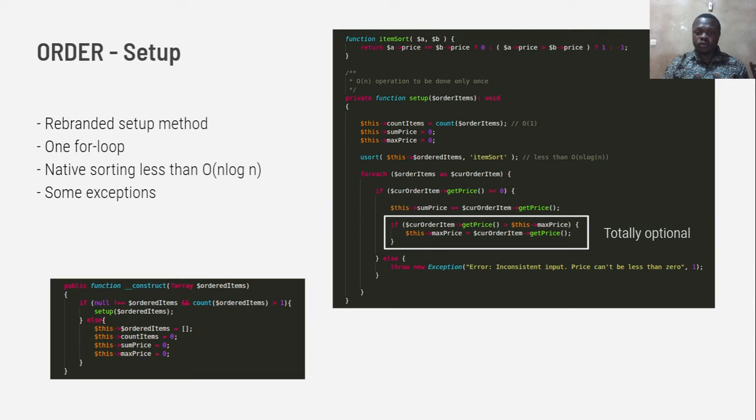So when we come to the setup method, we initialize the metadata. We use an inbuilt sorting method to sort the items in the list with respect to price. Why this design strategy?